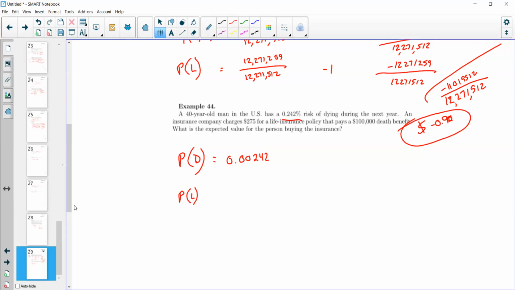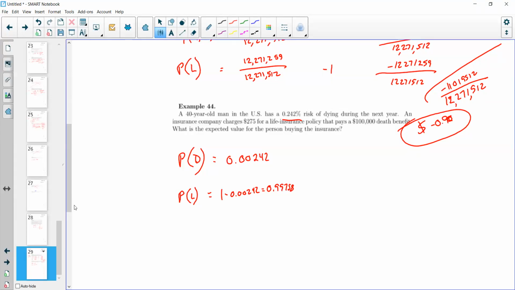He's going to live or he's going to die. So if the probability of dying is 0.00242, the probability of living would be 1 minus 0.00242, which is 0.99758. Okay?